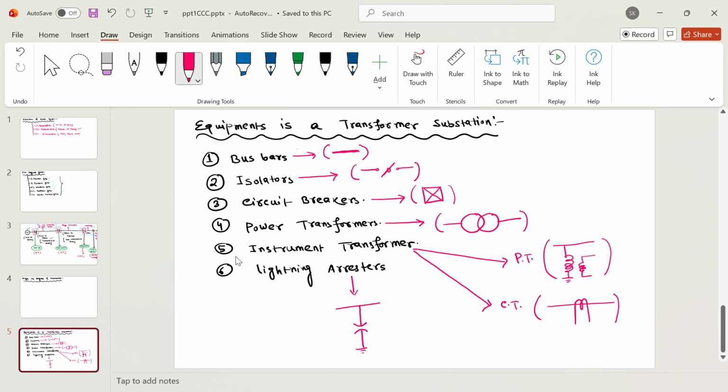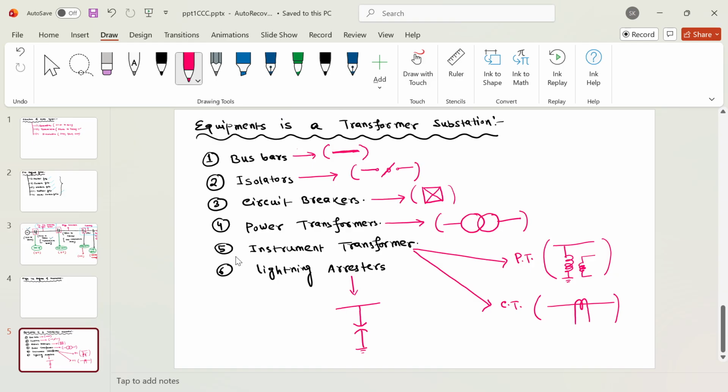Instrument transformers are of two types: the current transformer and the potential transformer. The current transformer is used to measure the current, and the potential transformer is used to measure the voltage. Basically, in high power applications or at transmission levels, the voltage and the currents are huge.